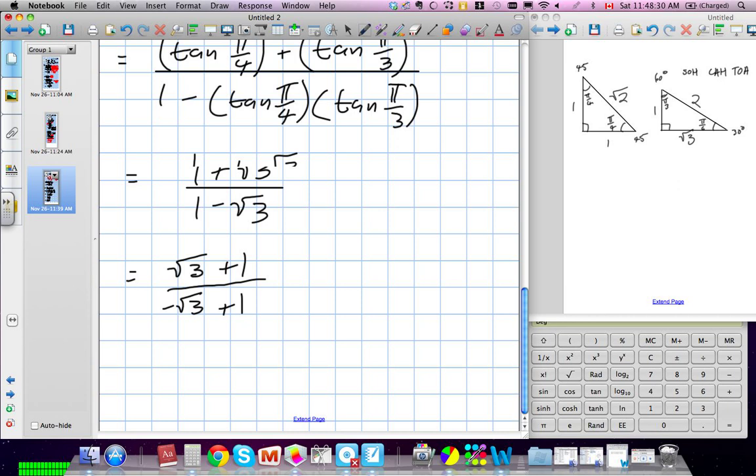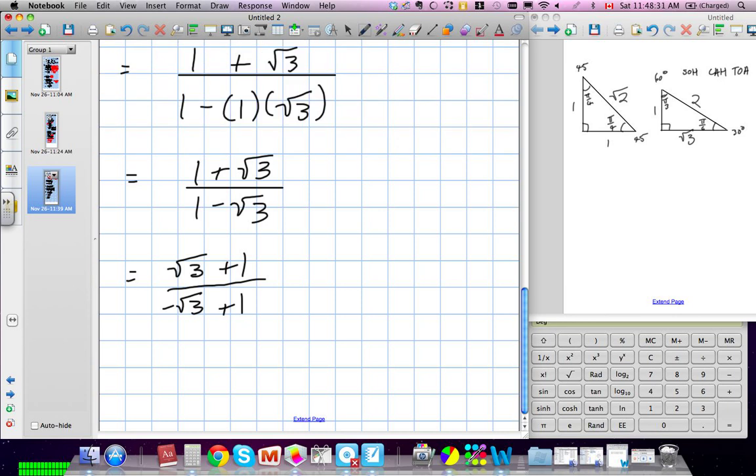Okay. To get rid of the root on the bottom, I believe we'll have to multiply probably by root 3 minus 1. Root 3 plus 1. Now, I think the root may even have to be a negative. Wait, why did you put negative root 3? Because when I rearrange this, this is technically subtract root 3, so it's negative root 3 plus 1.